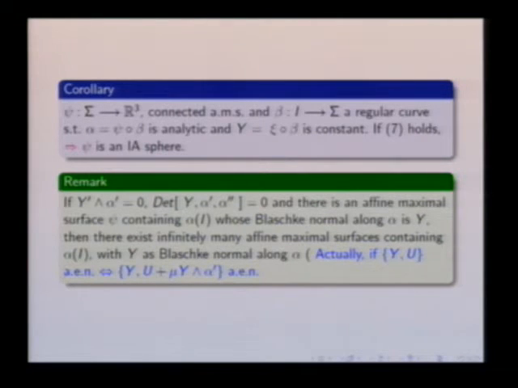In the case that the two vectors y prime and alpha prime are proportional, so that this determinant here is equal to 0, then if it is possible to get an affine maximal surface containing the curve alpha with prescribed normal y, the solution is not unique, because there exist infinitely many affine maximal surfaces with this solution.